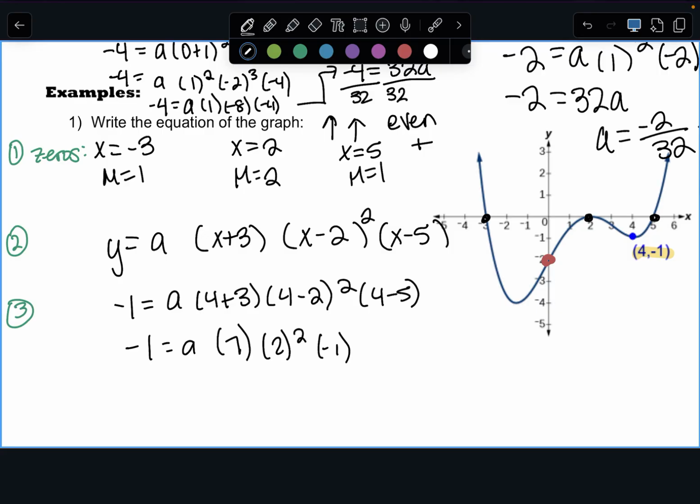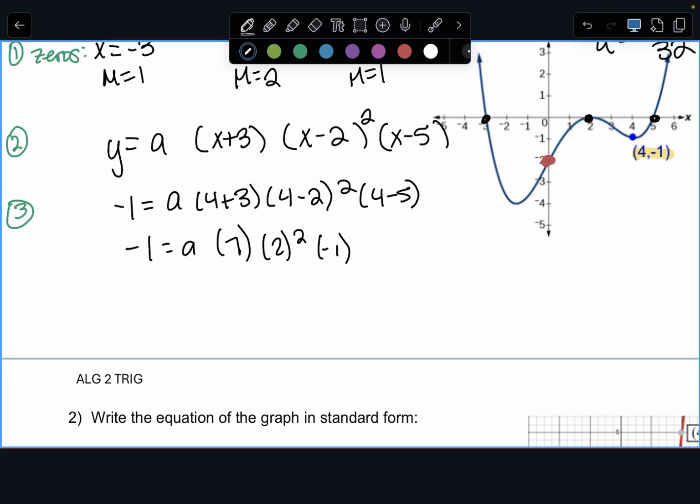And 4 minus 5 is -1. 2 squared is 4 times 7 is 28 times negative 1 is negative 28. Final step, divide off that negative 28, and we get A is equal to 1 over 28.